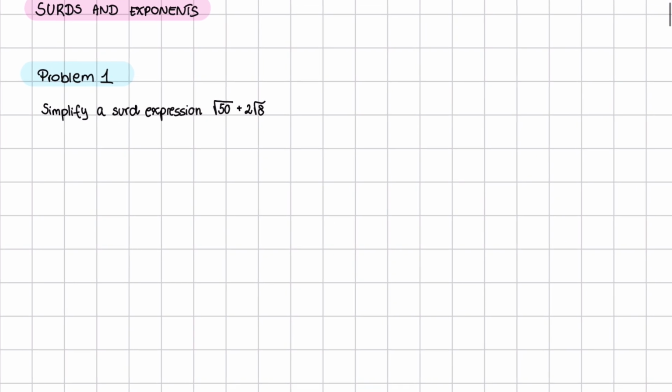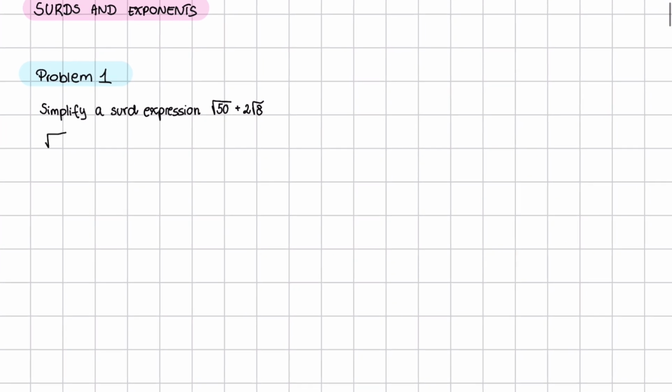Problem number 1, simplify a surd expression. So we can firstly take the square root of 50, and we know that under a square root or any root, we can multiply some numbers that will give us 50.